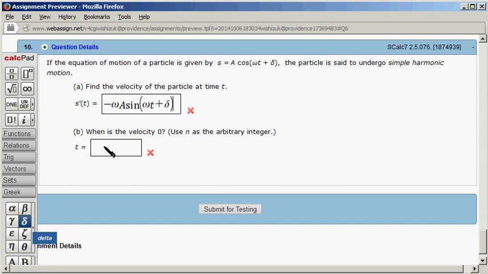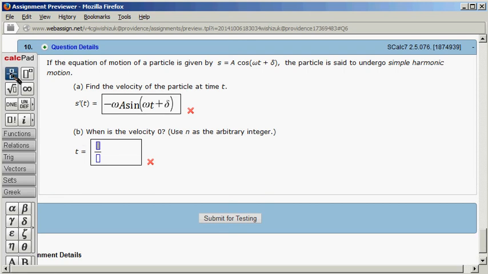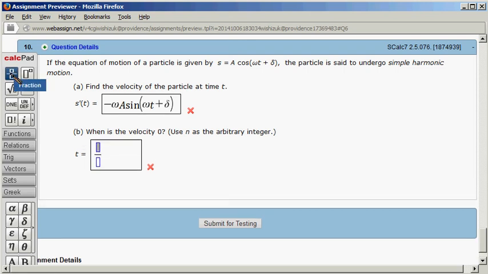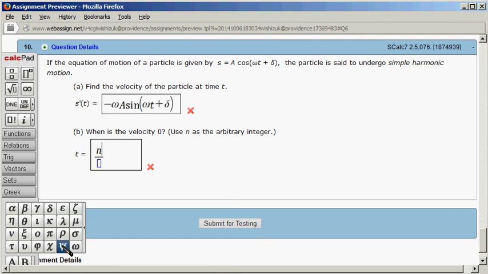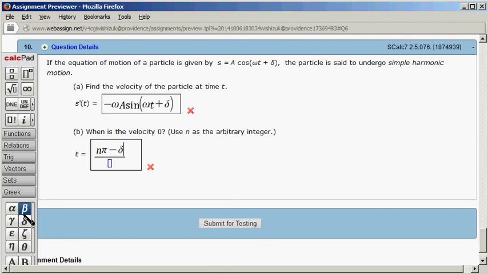And for t, it was a fraction. So put a fraction: n pi minus delta over omega.